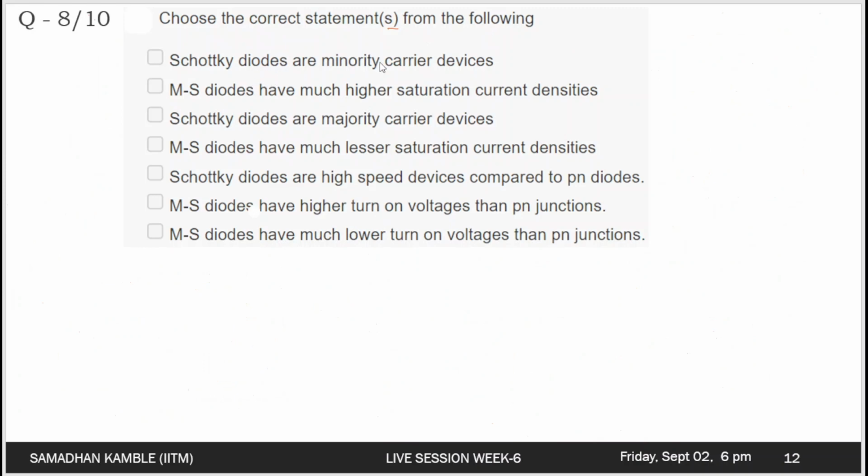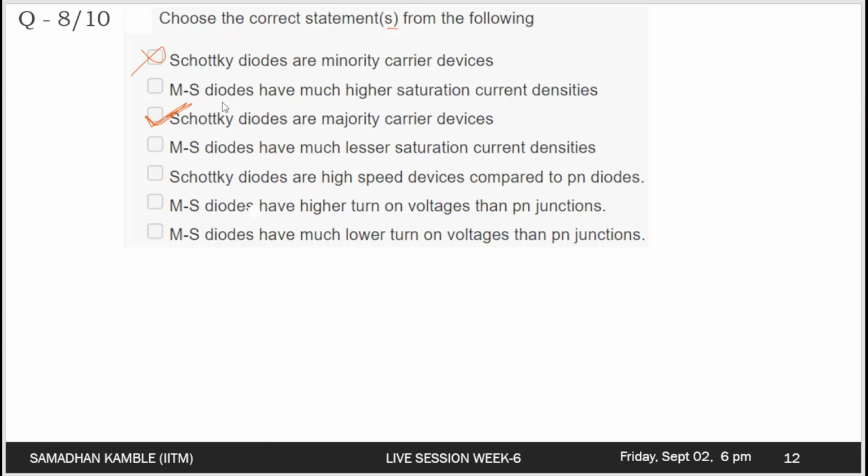Let us go to the first statement: the Schottky diodes are minority carrier devices. Can you tell me, is it true or false? False. Okay, so if it is false, then the Schottky diodes are majority carrier devices. So this is a wrong option.